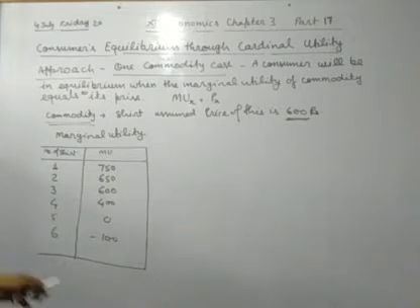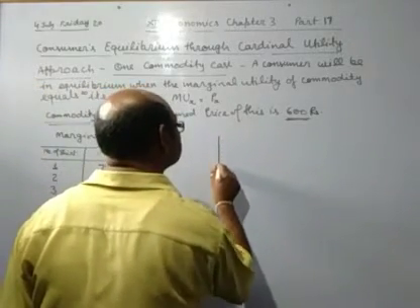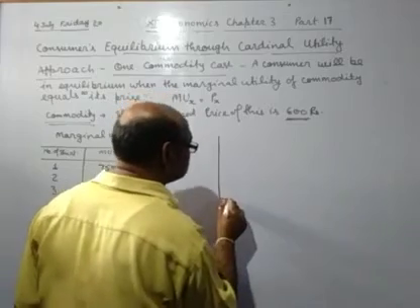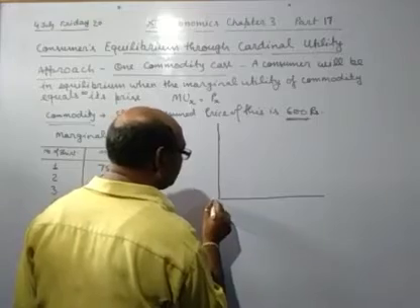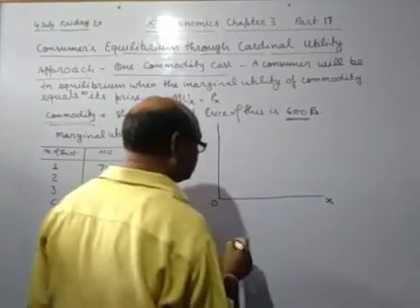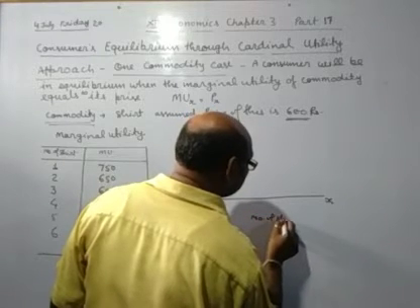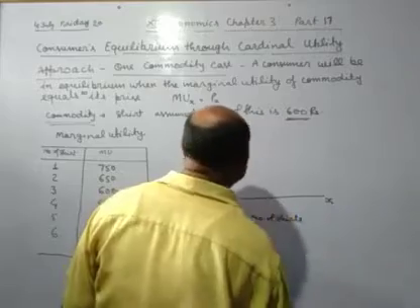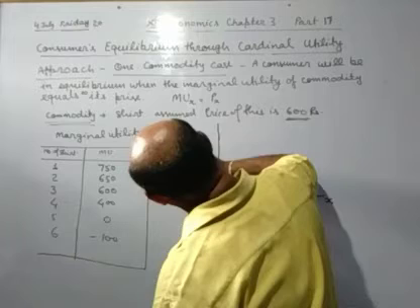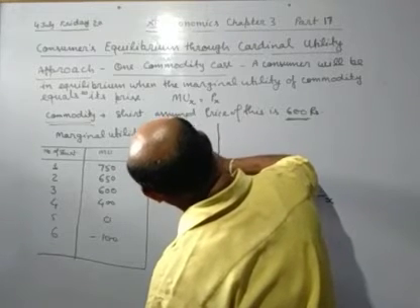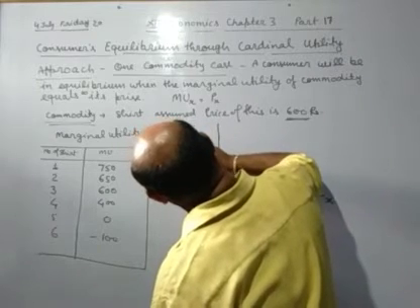Now, when we draw this on the diagram, on the OX axis is the number of salt, and on the OY axis is marginal utility or price of salt.